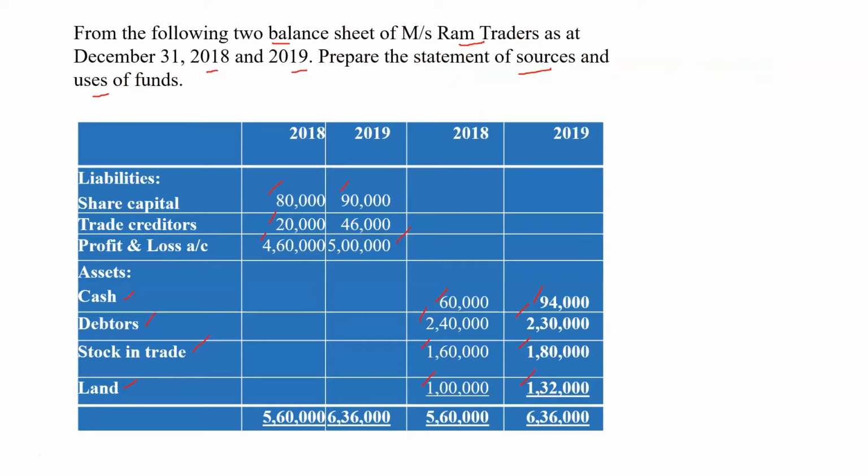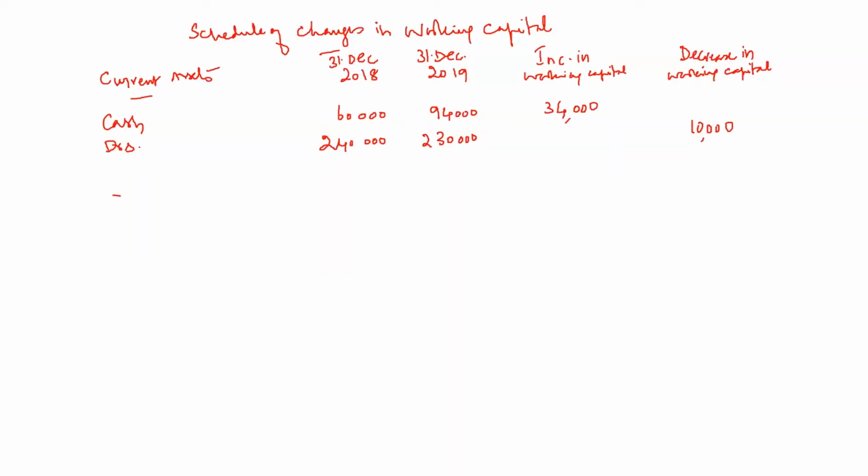And in case of stock, you have increased your investment from 1,60,000 to 1,80,000. That means we have made 20,000 rupees investment more. To that extent, working capital need would increase.